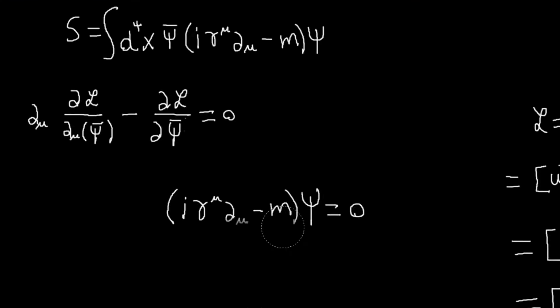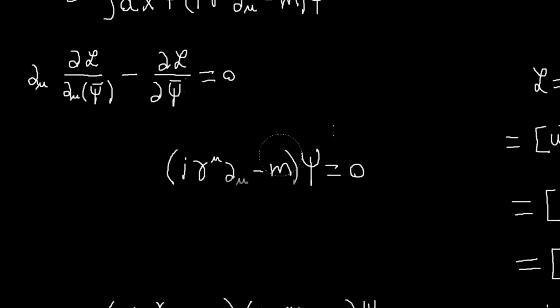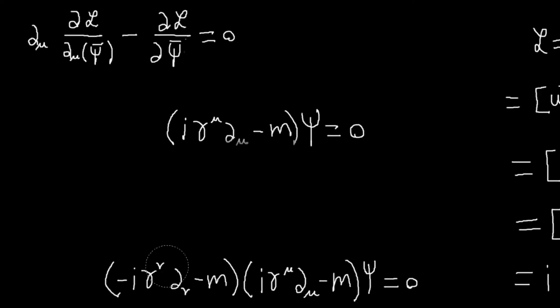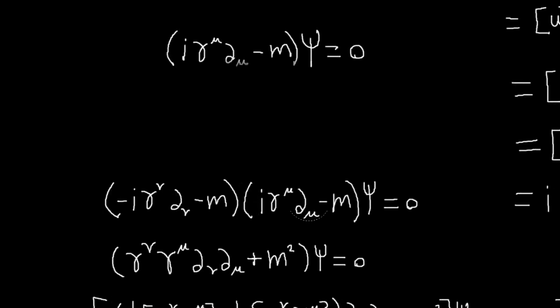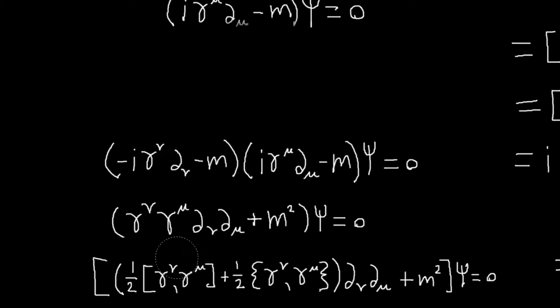And I guess some motivation as to why this might be important: if you take the conjugate operator, this thing, and you apply it to this equation, if you FOIL this out, you get this, and then you can replace this pair of gamma matrices with 1/2 times the commutator of these matrices plus 1/2 times the anti-commutator of these matrices.